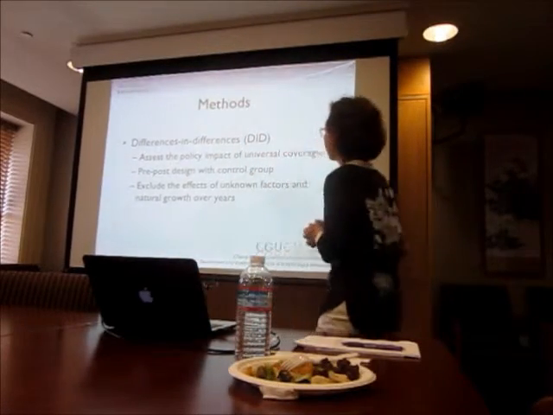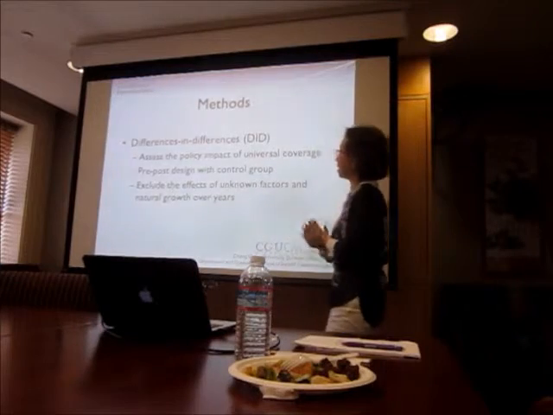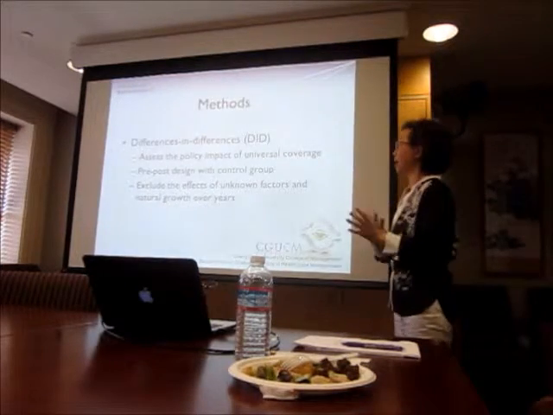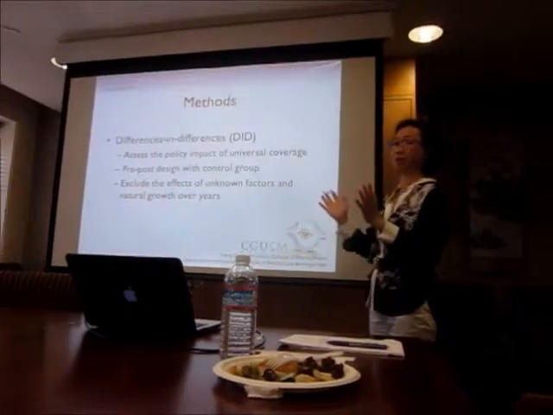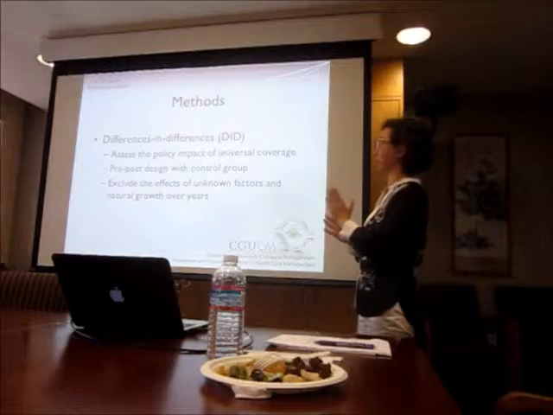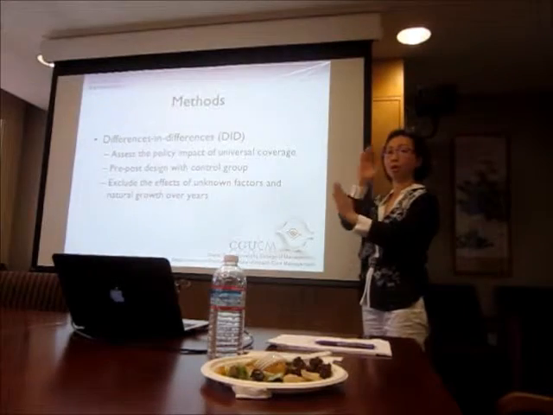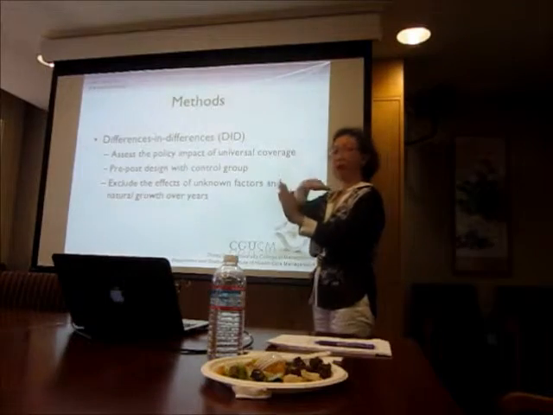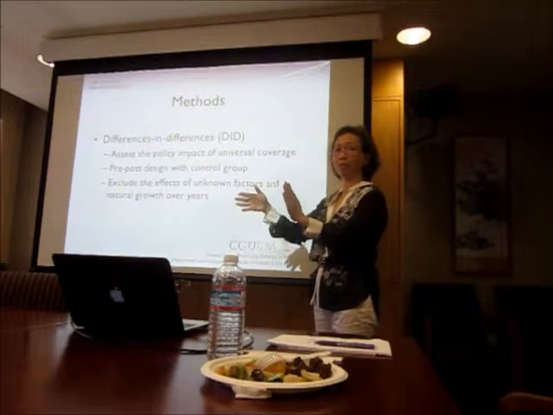So the method is called DID. Basically, you will have a control group and an experiment group, and also pre and post. In our case, the year they put national health insurance in place is the policy year. So we look at the change between pre and post, like how much change we have seen after they have the insurance system in place.